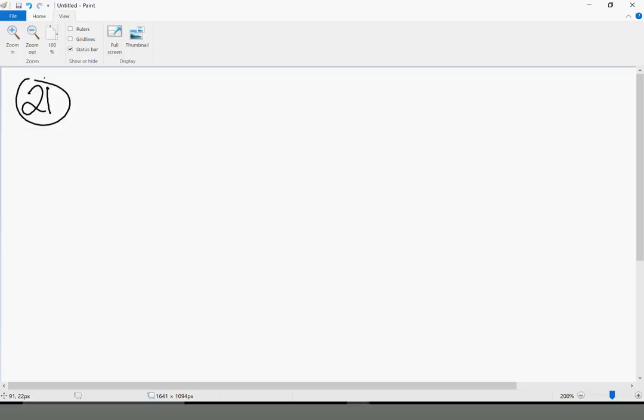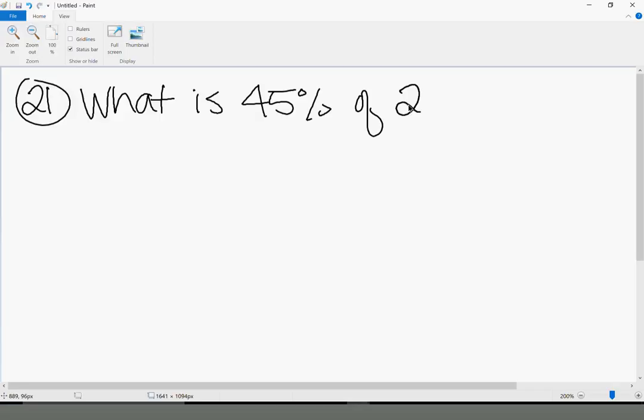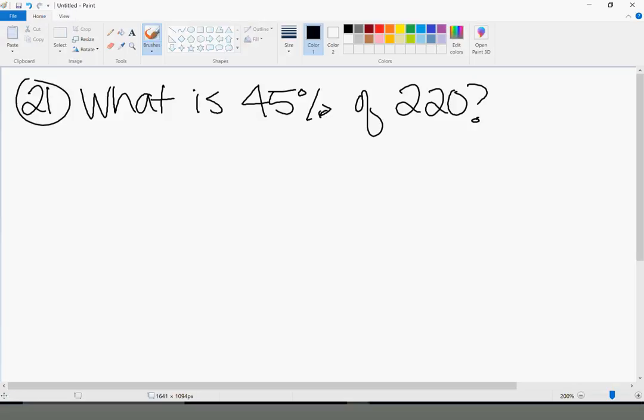Okay, 21 says what is 45% of 220? So there's a couple ways to find the percent of a number. To just get the percent of a number, we can change 45% into a decimal.